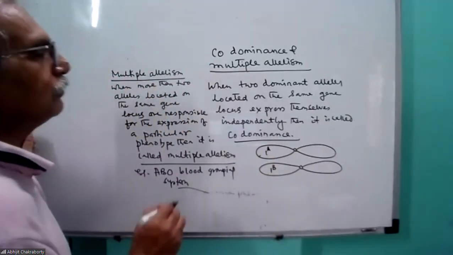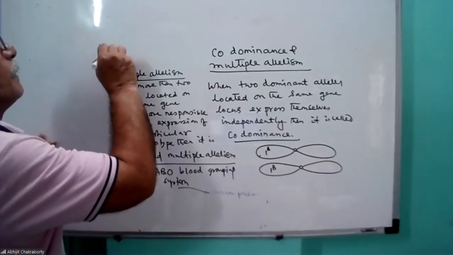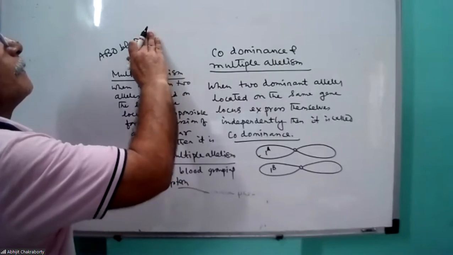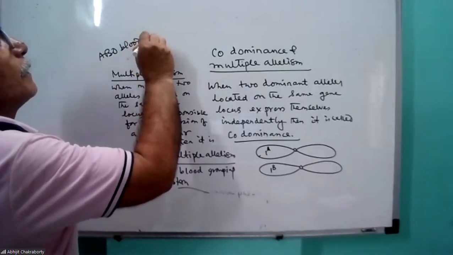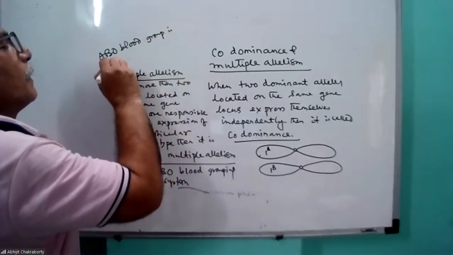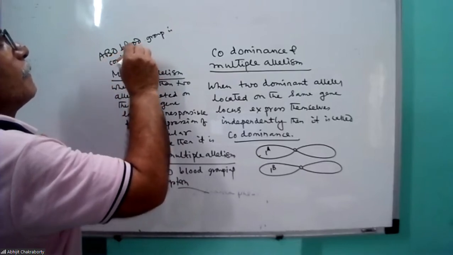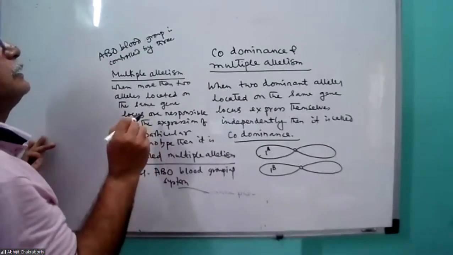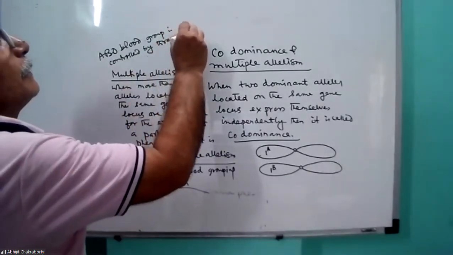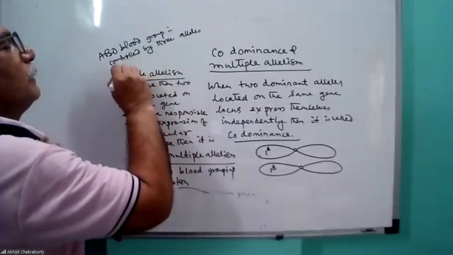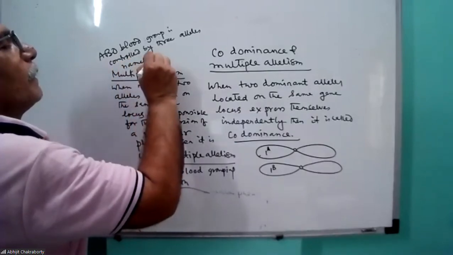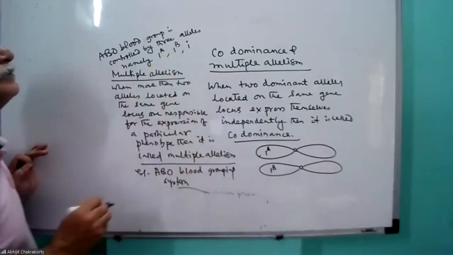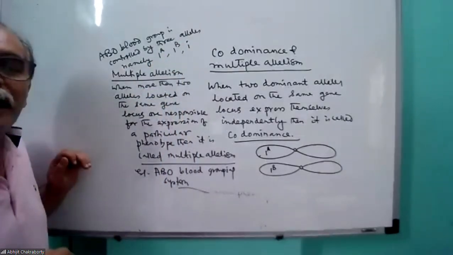Actually, blood group is controlled by three alleles, namely IA, IB, and i. Clear?